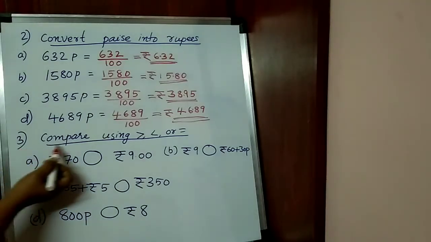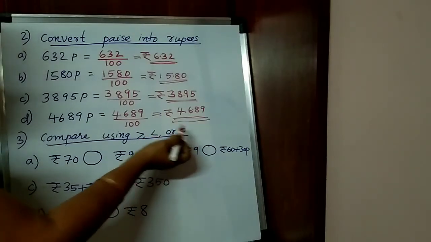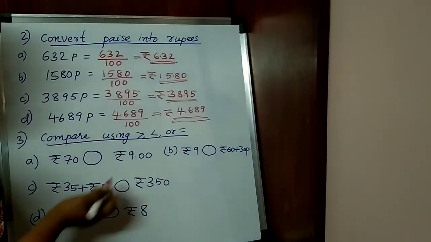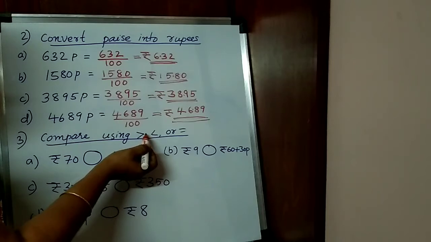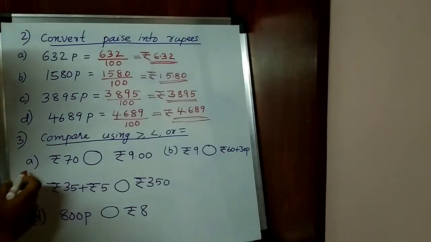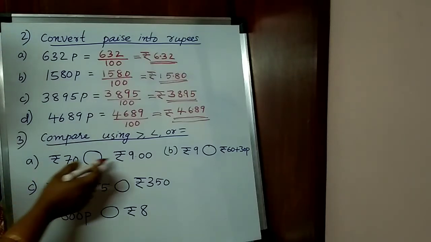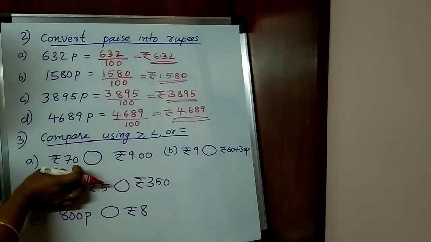Then your third question is compare using less than, greater than, or equal to symbol. This symbol, the open mouth, is denoted by the bigger number, and this side shows the smaller number. Then your question number A is rupees 70 and rupees 9. Here what is the whole number part? Here the whole number part, or rupees, is 70, there is no paise.